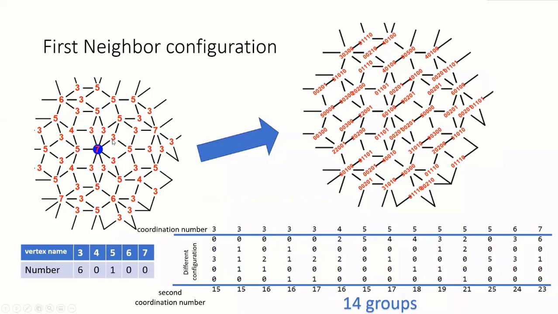Here I label vertices with 3 links by 3. If you count them, you can find there are 6 different 3-link vertices connected to this 7. Then we write that in 3-link, we have 6 3-link vertices nearby this 7 vertex.